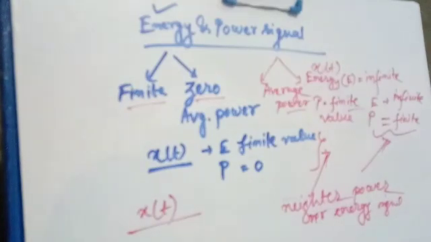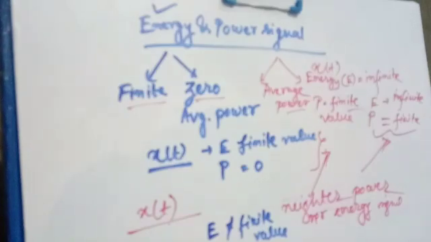For such a signal, E will not be a finite value and P is not equal to 0. If such properties are seen, that means this signal is neither a power signal nor an energy signal.